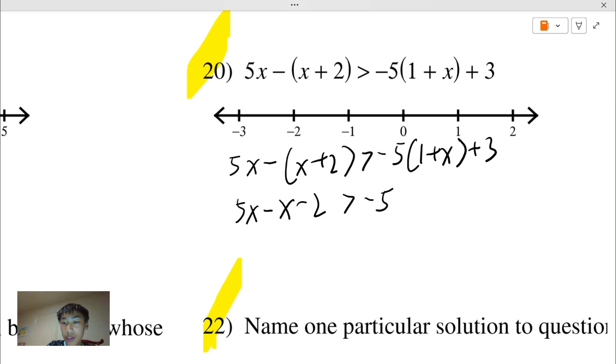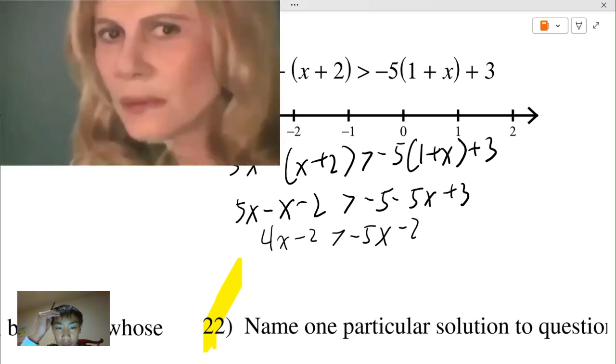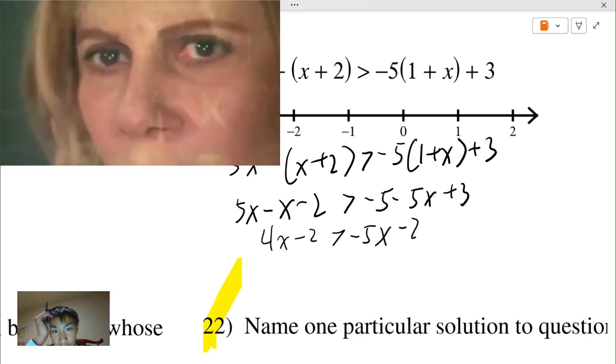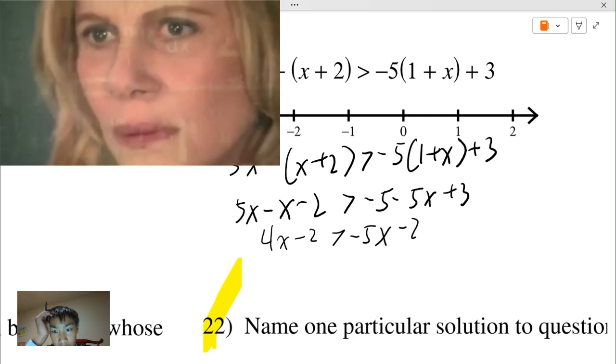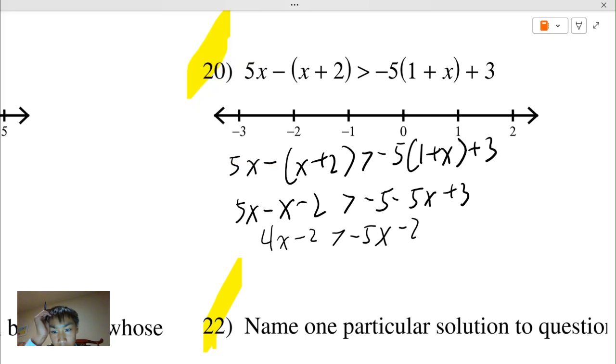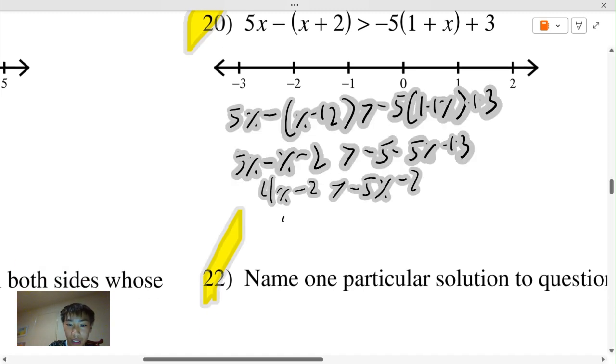We're going to distribute this, minus 5x plus 3. So 4x, collect like terms, is greater than this minus 5x. Collect like terms. Minus 2. You add 2 on both sides.